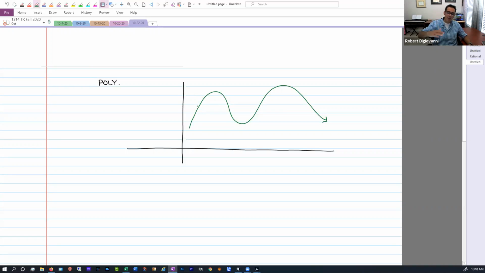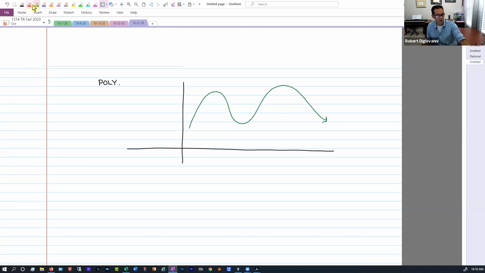Anything that goes up and down, polynomials are wonderful for modeling those real world situations. If you have something that goes up and down like this, a line's not going to work for that. You can't use a parabola, because a parabola just does that. So you need something that fluctuates, and polynomials fluctuate. So they're really good for that.